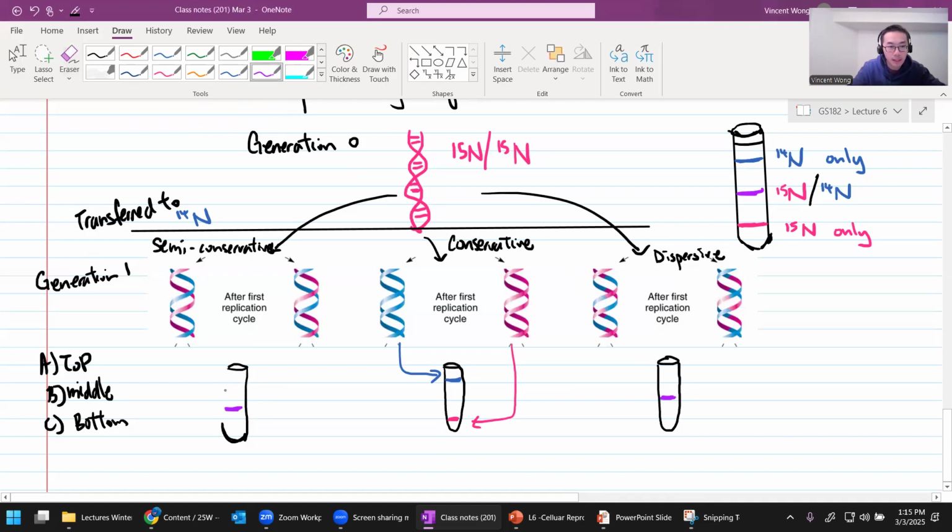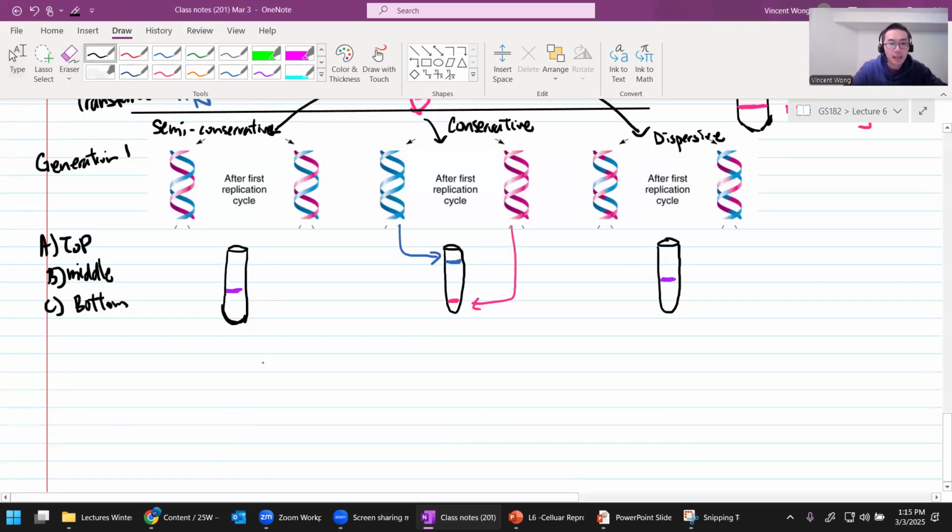Okay, I'll take away that black line here. It's probably confusing people. Okay, there you go. So that's the expected result. What did they see? Okay.